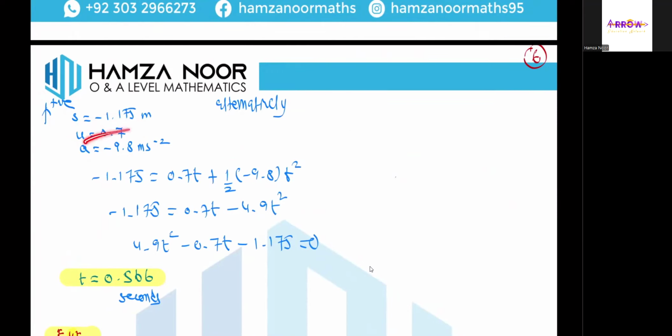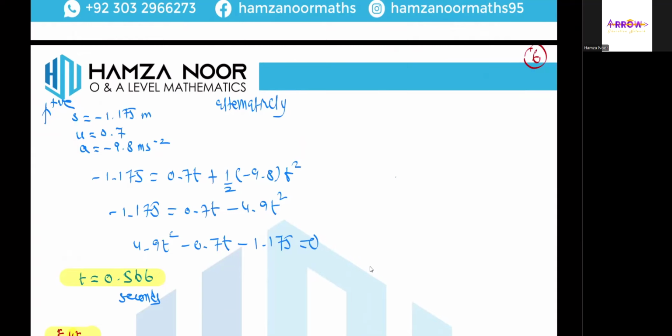In this case, the acceleration value, minus g, which indicates a negative value of acceleration, would imply that the particle is accelerating in the opposite direction. It's not actually deceleration. So when the value of acceleration is negative, it does not always mean that it is deceleration. Sometimes it is acceleration in the opposite direction as well. So this is basically the whole idea.